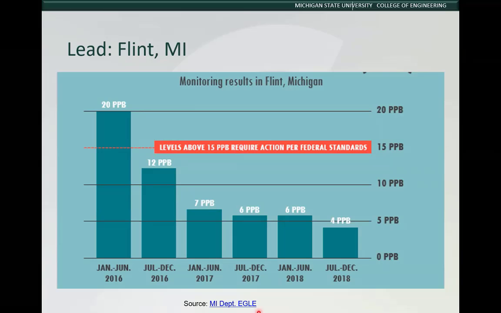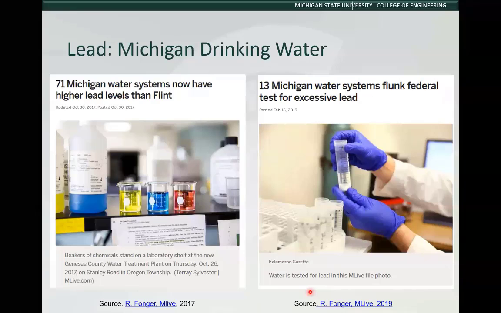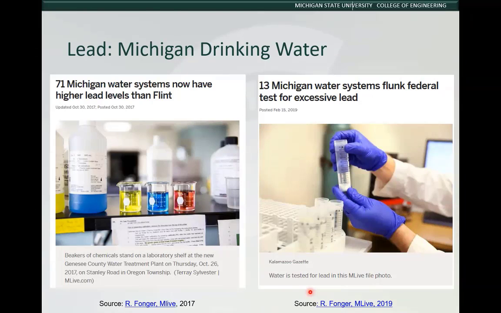Well, as a result of what was happening in Flint, a significant number of utilities were then required to also monitor lead levels. And this is from 2017 and 2019, but it's indicative of what has happened across much of what we refer to as the Rust Belt, much of these older cities where lead service lines were used for distributing water.